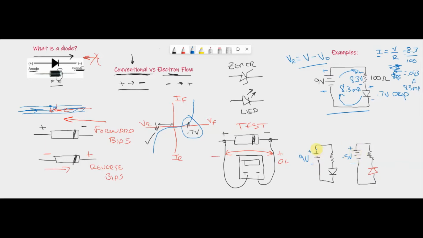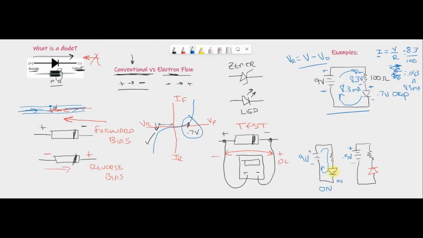Okay? And so we have 9 volts of potential coming out here. And our current flow is going to be this way, of course. And because of that, our potential here is high and over here is low. So conventionally my current's going to travel this way and this circuit will be on.